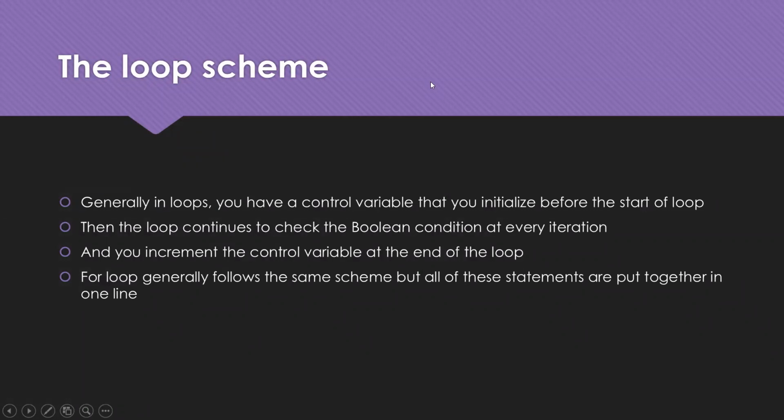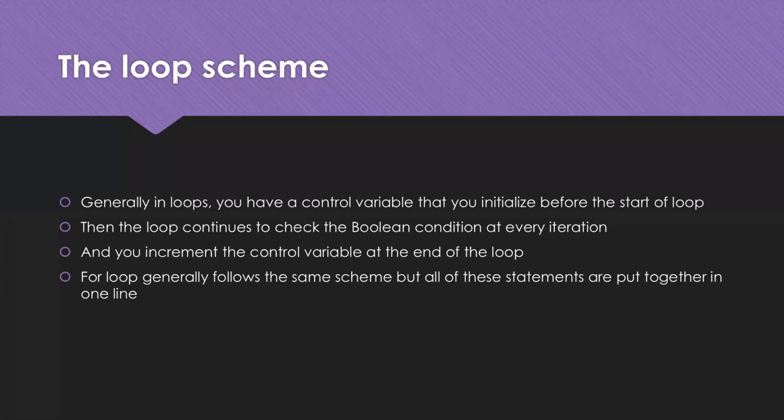So the loop scheme: whenever you're writing a loop, there is a scheme that you follow. First of all, you initialize a variable, which you call a control variable, and you control the loop with that variable. Then the loop checks the Boolean condition. Maybe if you declared the variable i, you check if the variable has a certain value, and if it is less than or greater than or equal to a certain value.